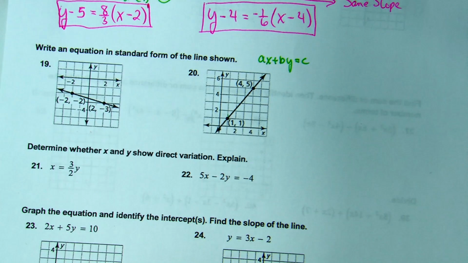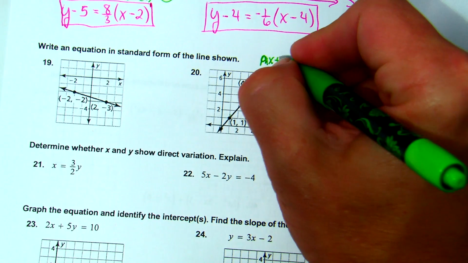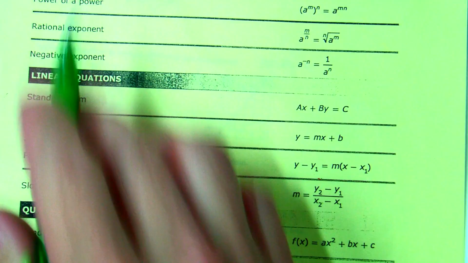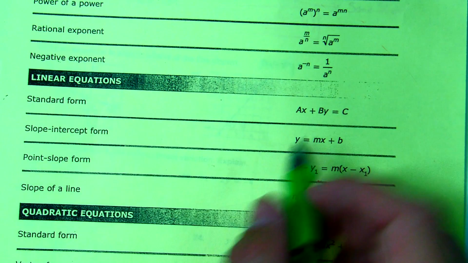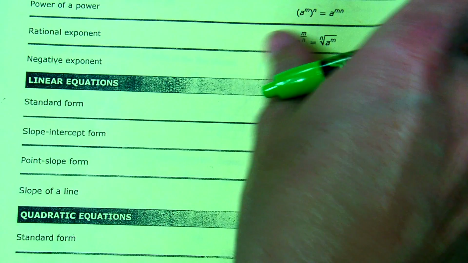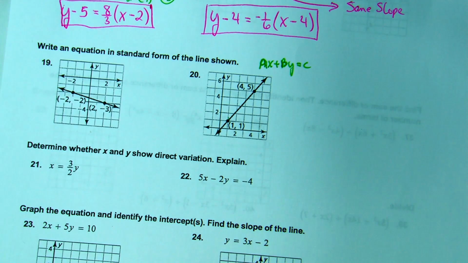And then we might capitalize these here. And you'll see that that's on your chart as well, your reference materials here for the STAR testing. You're going to have this. When it asks for standard form, just look here, and it'll tell you what form you're supposed to be in, ax plus by equals c. Okay, so that's readily available. You don't have to memorize these formulas right now.